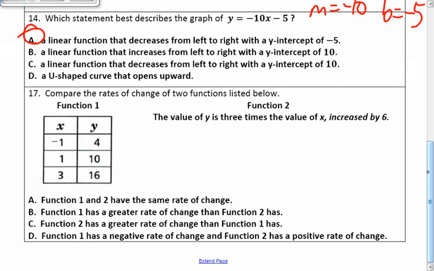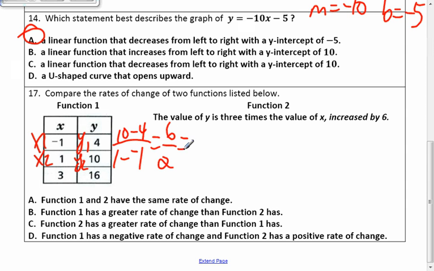Number 17, compare the rates of change. So again, x1, y1, x2, y2. Slope formula, 10 minus 4 over 1 minus -1 equals 6 over 2, which equals 3. And function 2, the value of y is 3 times the value of x increased by 6.